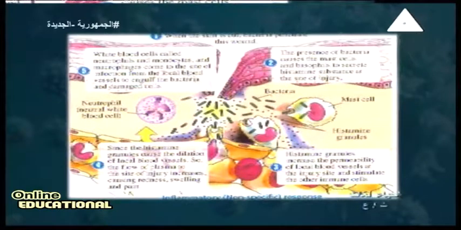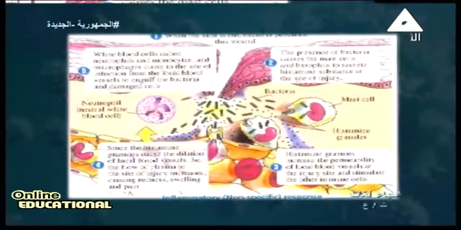There are three types of white blood cell: neutrophils, monocytes, and macrophages. These come out from the human blood after infection or after cutting. What happens? These monocytes, macrophages, and neutrophils engulf the bacteria and the damaged cells.